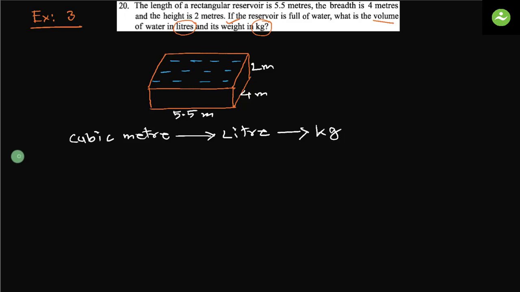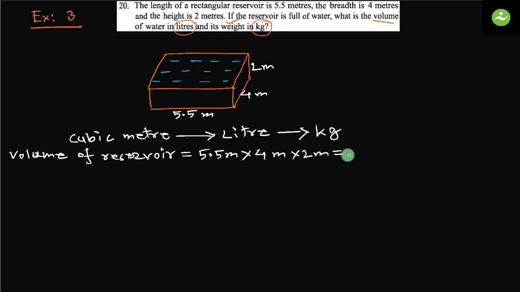So now the volume of reservoir equals to length multiplied by breadth multiplied by height equals to 5.5 into 4 is 22, multiplied by 2 is 44.